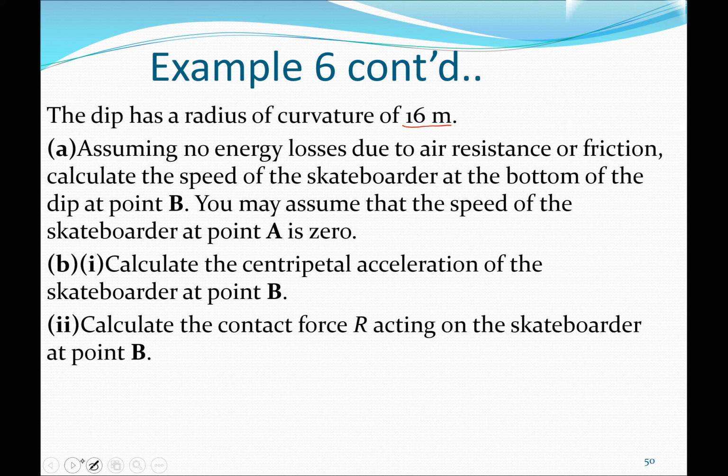Using conservation of energy, it means that the loss in gravitational potential energy is equal to the gain in kinetic energy. I'll use this space here because I don't have enough space.